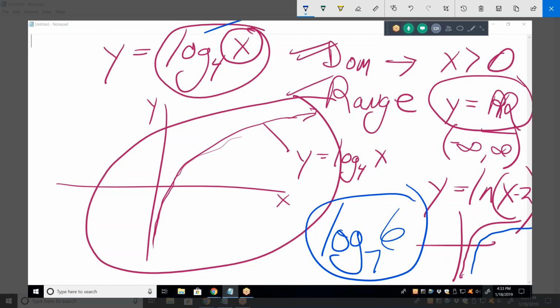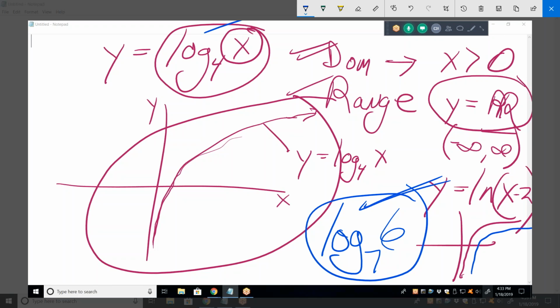When I was in high school, we didn't have calculators that would tell us what that number was. You had to look it up in a book. At the end of every math book, they had log tables. So if you wanted to know what that number was, you had to look it up in a table. Now we have calculators, and you can put that into a calculator.